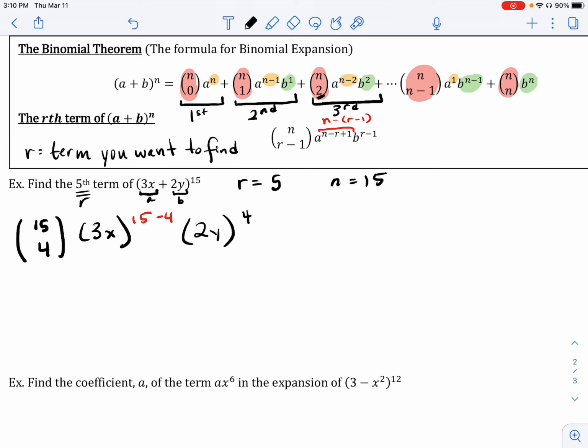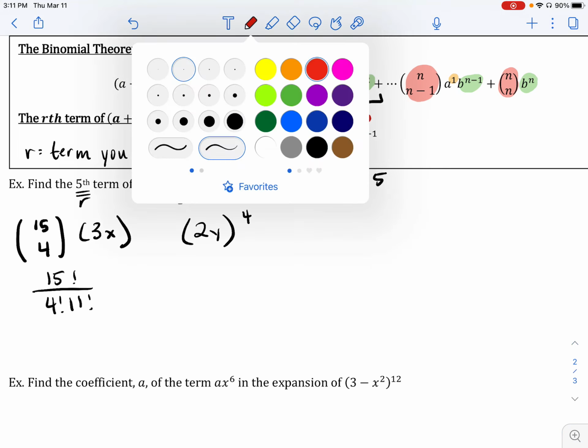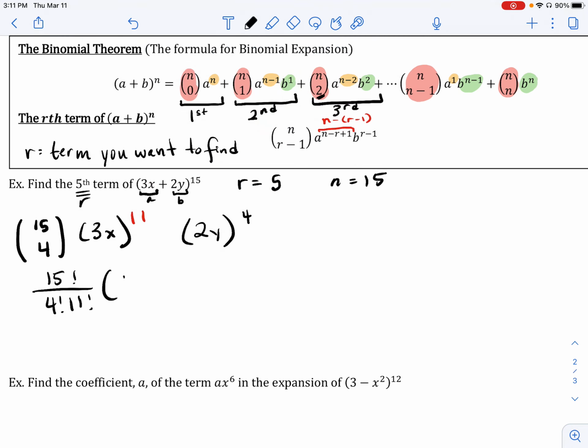So if we work through this, 15 choose 4 right here would look like 15 factorial over 4 factorial times 11 factorial. 3x raised to the 11th power times 2y to the fourth power.